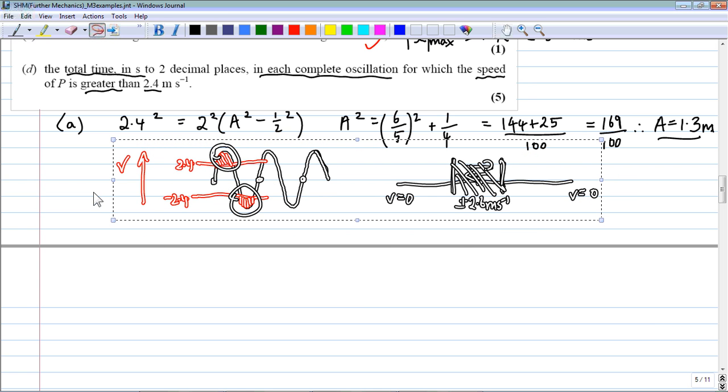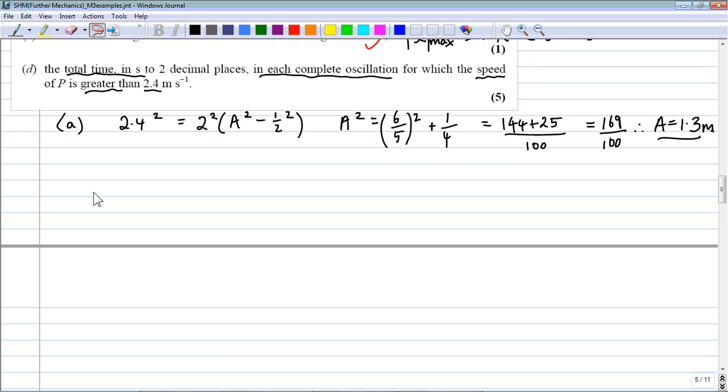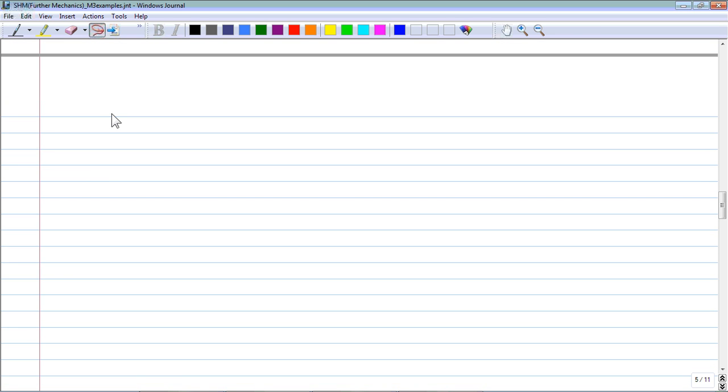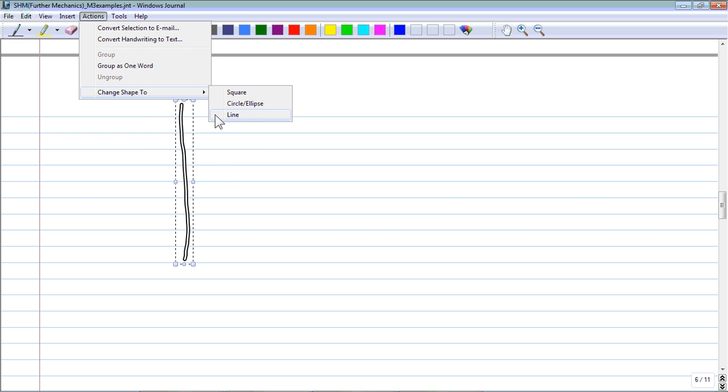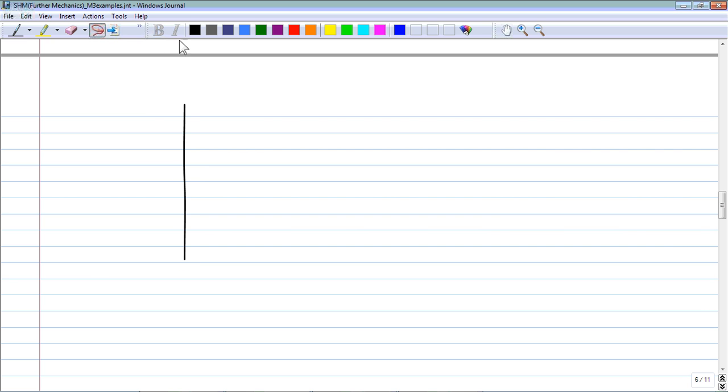Okay, so that was all rough drawing, but I'm going to draw more carefully now a diagram of the velocity as it varies with time and show you how to answer this type of question. So I'm going to need to spend a moment setting up a graph here. My y-axis will be velocity, and my x-axis, which I'll put in the middle, will be time.